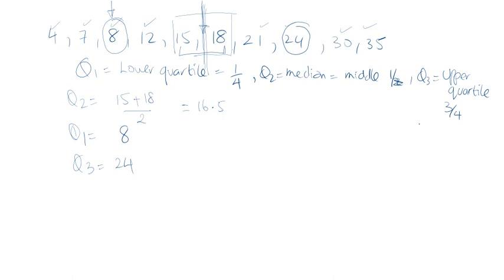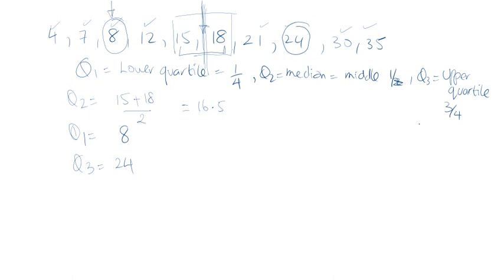So spotting the median, the lower quartile and the upper quartile, that's the start. That's the first step before you can find an outlier or no. So in summary, you locate the middle value. Here it happens to be between 15 and 18, so we added them and divided by 2, and we got 16.5.